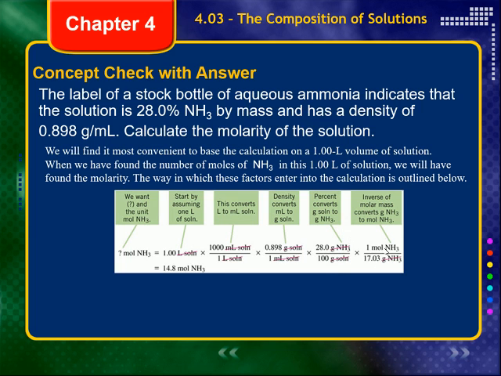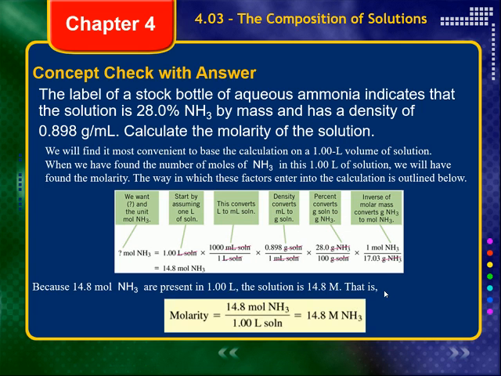Then using the molar mass of ammonia, we can calculate the moles of ammonia. That gives us 14.8 moles of ammonia, because 14.8 moles of ammonia are present in 1.00 liters. The solution is 14.8 molar. That is to say, boom, there's your baseline calculation.